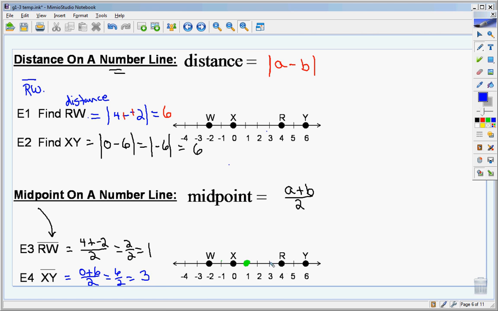And again, if I were looking at that coordinate, from X to the blue dot, 1, 2, 3 units. From the blue dot to Y would be 1, 2, 3 units. So you can see it's directly in the center, midpoint. It's creating two equal parts.